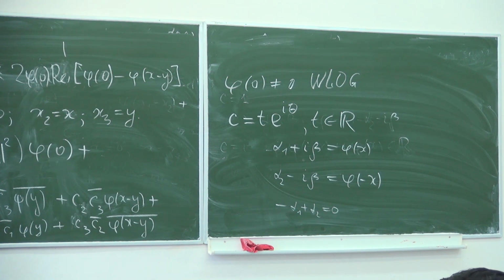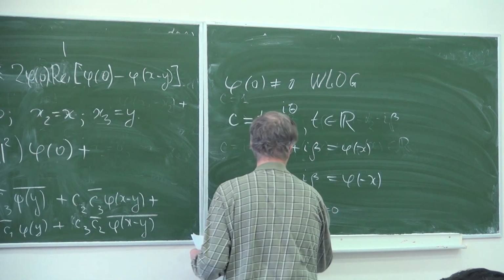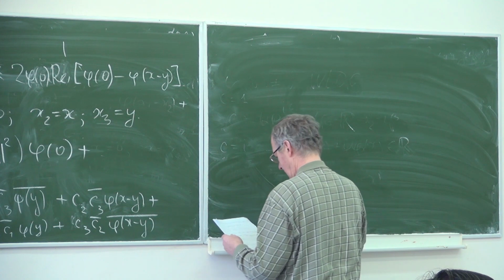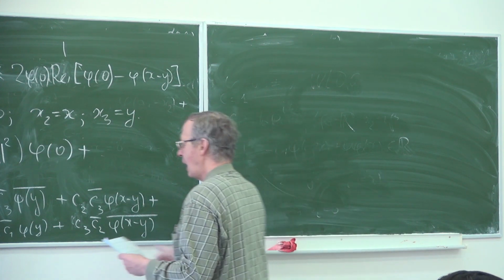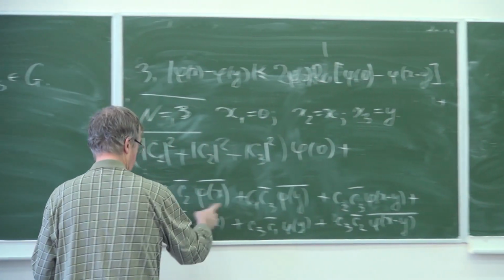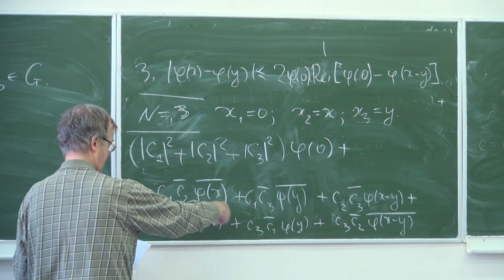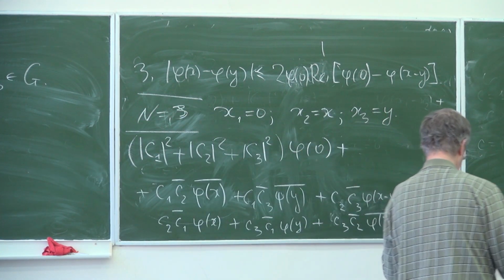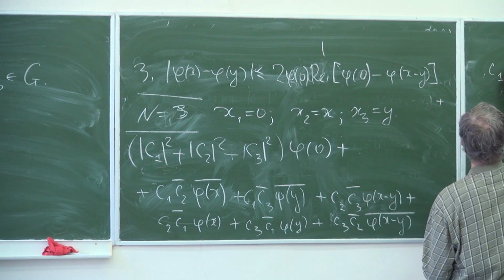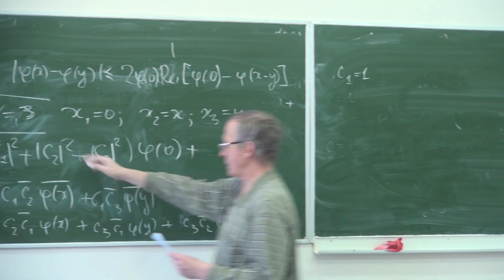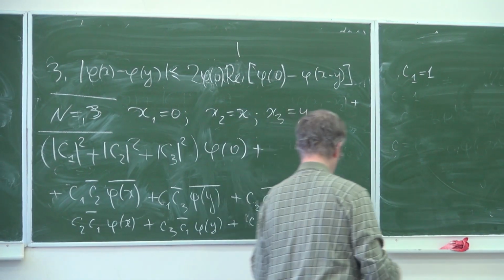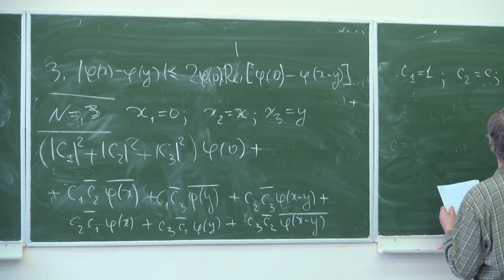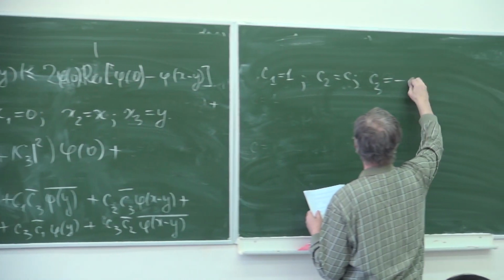So anyway, I realize this in terms of real part of something, because these two lines are complex conjugate to one another, and also I put at once C1 equal to 1. This is again normalization because everything is homogeneous, and for C2 and C3 I take something opposite, like this.